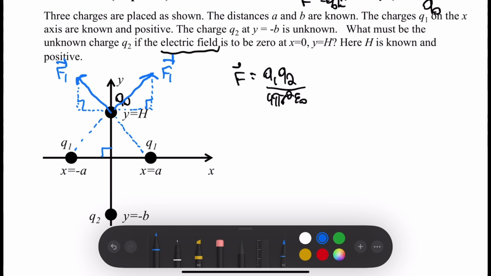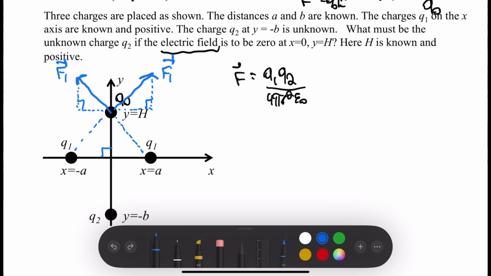So with that, if I just look at the triangles I drew, I see that I'm going to have my x components cancel, right? Because I have one x component going to the left and another one going to the right.